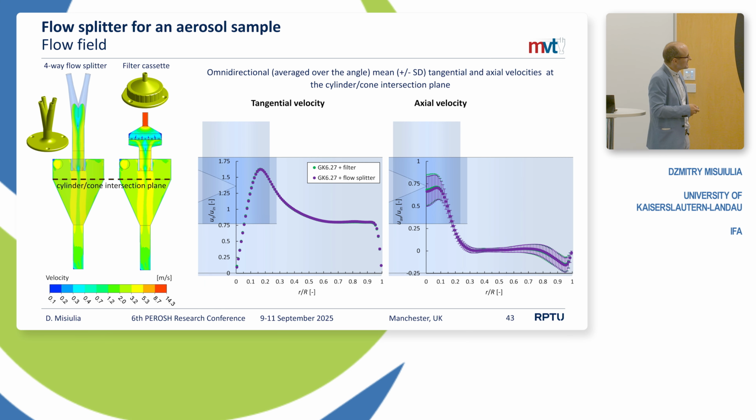As one can see, the flow field in the cyclone, either with the developed four-way flow splitter or the filter cassette, is absolutely the same. So the downstream configuration doesn't affect the flow field in the cyclone. We assume that the test with the four-way flow splitter, which is needed for aerosol sampling measurements, should provide the same result as the sampler with the filter cassette, which will be used in real applications.